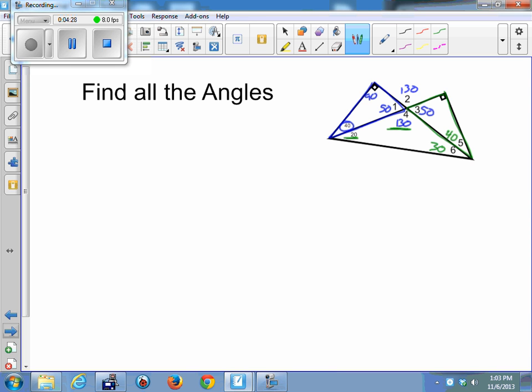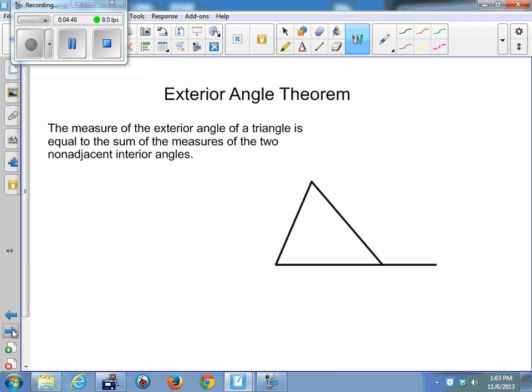All right, so before you start answering these questions, sometimes it's nice just to fill in all your information in the entire picture, and then you can go and answer the questions. If it wants angle 1, you just look at it and say angle 1 is 50, and so forth.